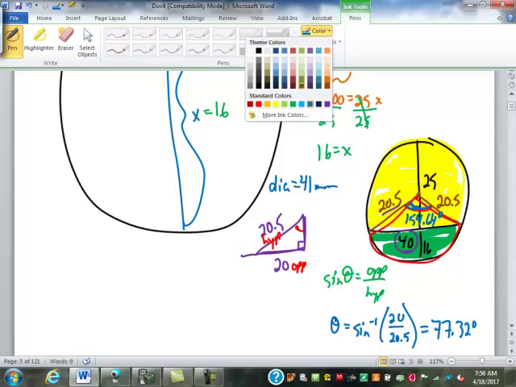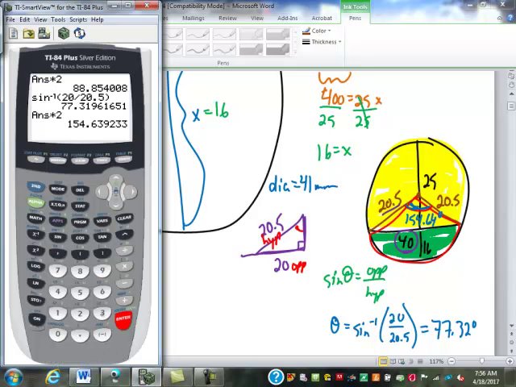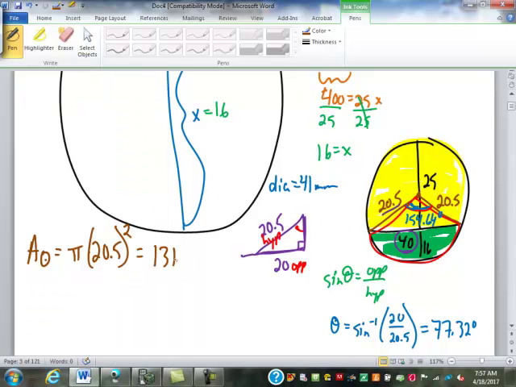Now that I have that, we can go about finding the area of that green piece. The area of the circle is pi times 20.5 squared, which is 1319.59 millimeters squared.